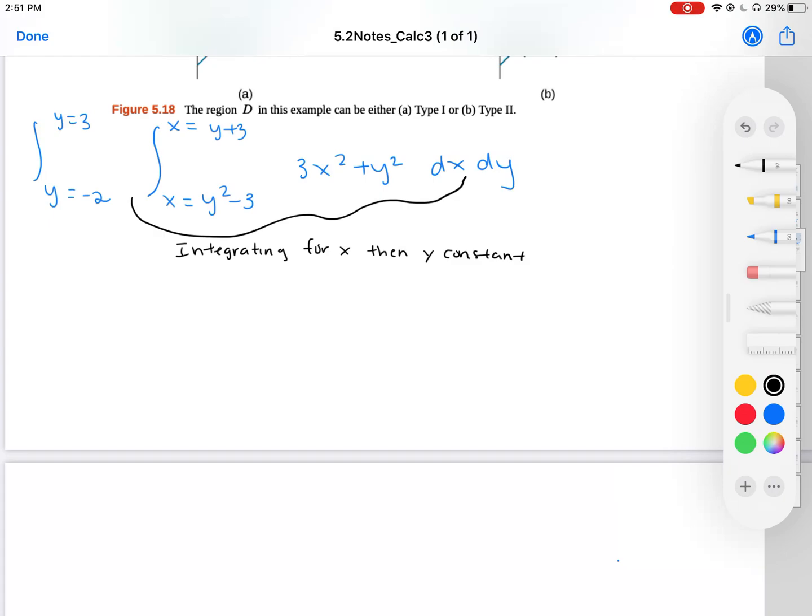So if we integrate for x, our first term gives us x cubed plus xy squared. Now we can go ahead and evaluate for y plus 3 for x, and x is y squared minus 3.